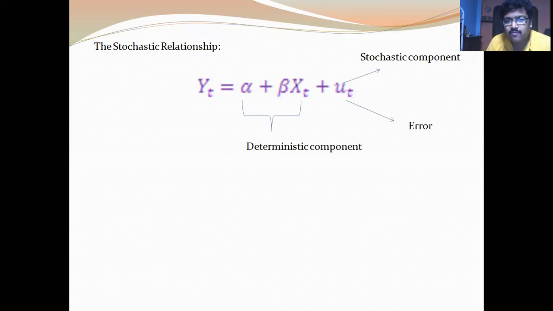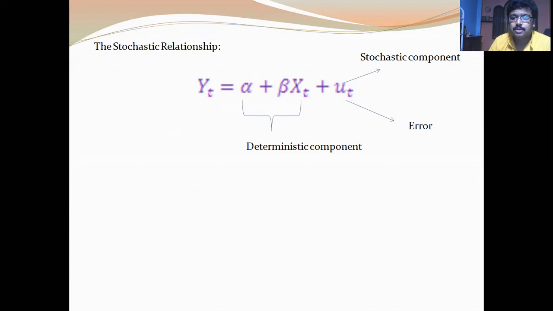Then alpha plus beta xt is the deterministic component, because if we do not consider the ut, that is the stochastic component or the error term, we have a unique value for y, that is the consumption expenditure, for a given value of x, that is the income of a family. So this part alpha plus beta xt is the deterministic component.